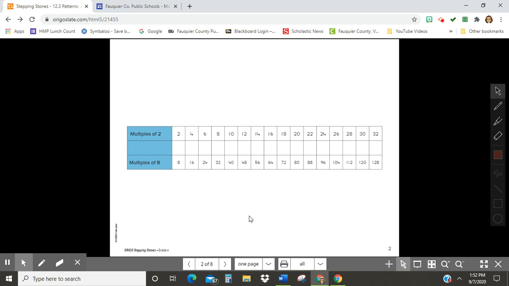What is this slide showing us? We're going to think about the relationship between multiples of 2 and 8.